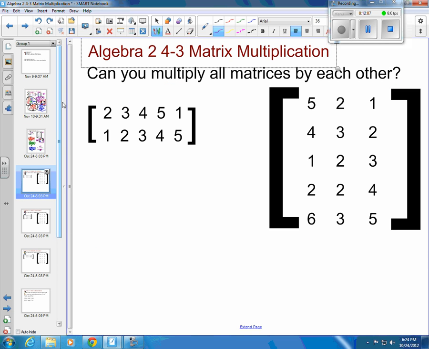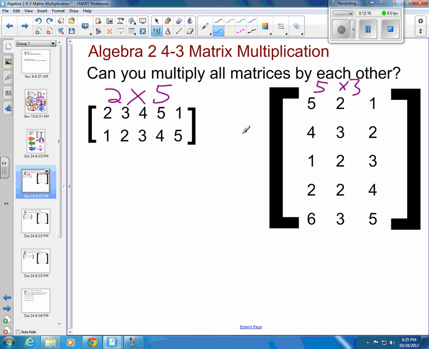So let's look at this one. Can we multiply them? This is a 2 by 5. This is a 5 by 3. The inside numbers, 5 and 5, have to be the same.